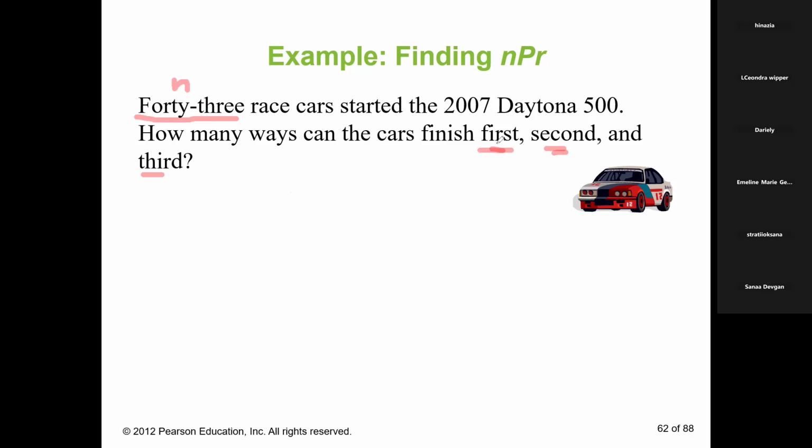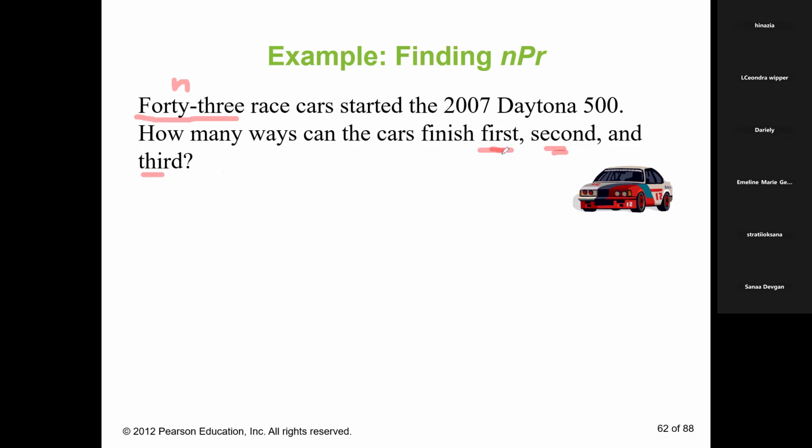So here there is order, so therefore we're going to use permutation. Why did I say there is order? There is a first, there is a second, there is a third. So order. Got it? Now, if they said two cars finish first, there would be no order.